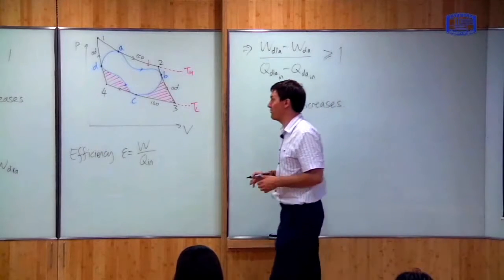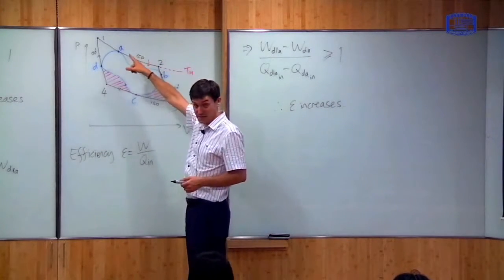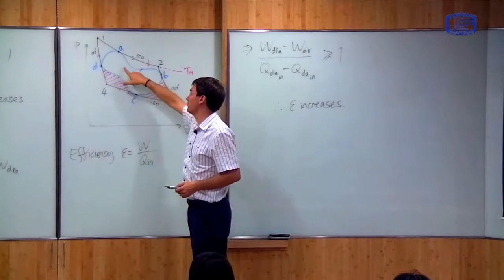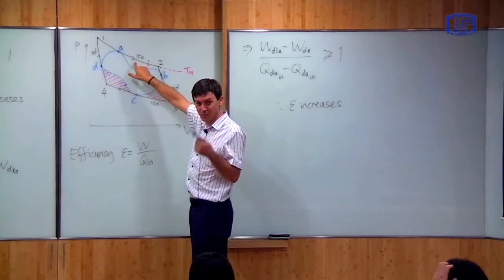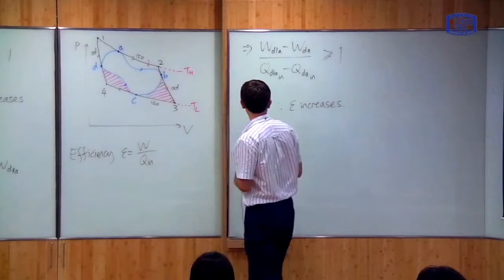We've shown that along every stage of this path, from A to B to C to D and back to A, replacing the original path with the Carnot cycle must increase the efficiency along every stage.